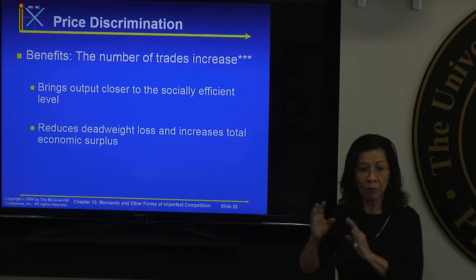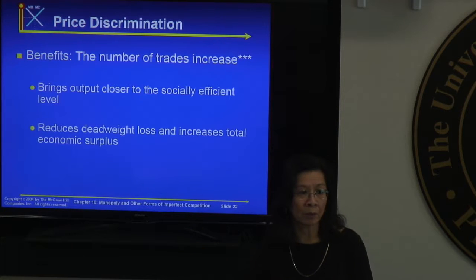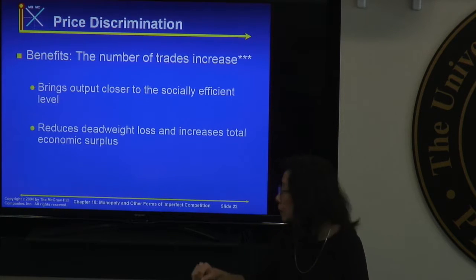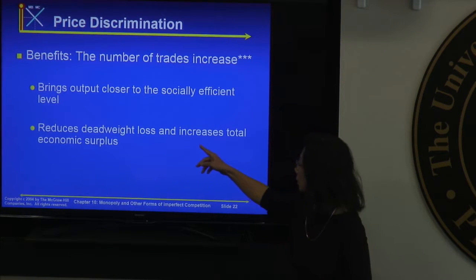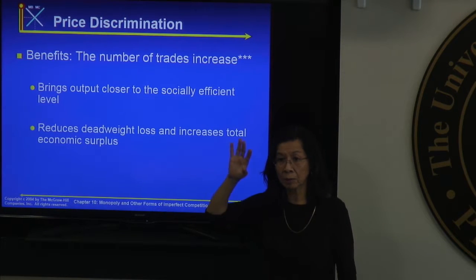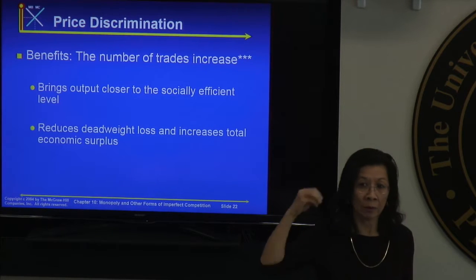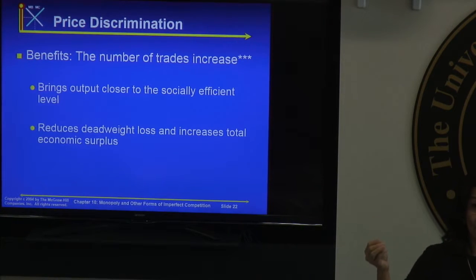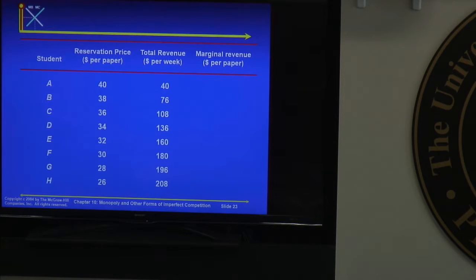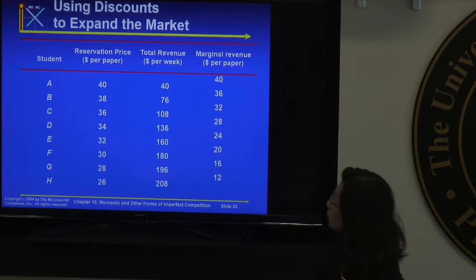If you sell more volume, then you're more and more approaching perfect competition. That reduces the deadweight loss. Once you move towards a greater number, that big bad triangle becomes smaller and smaller. Is that good? Absolutely. That's what you want.